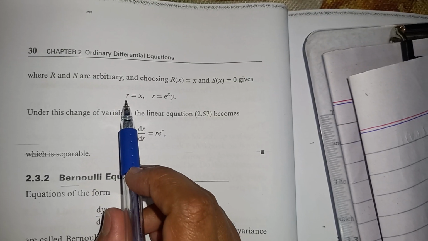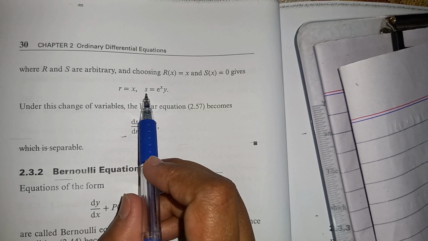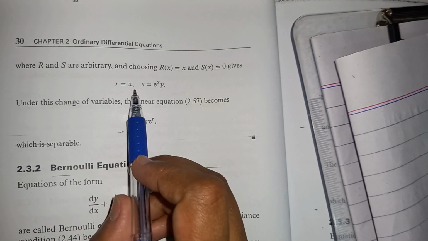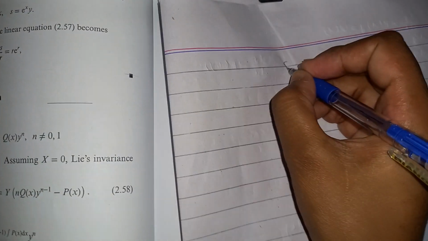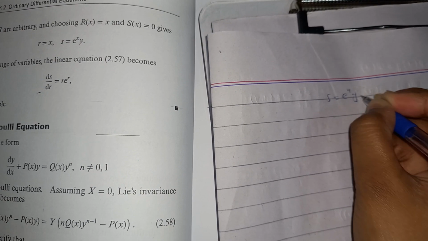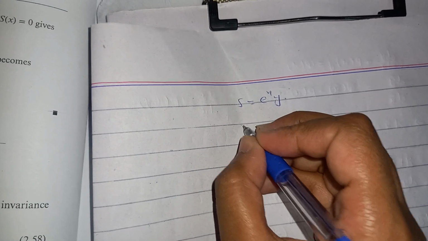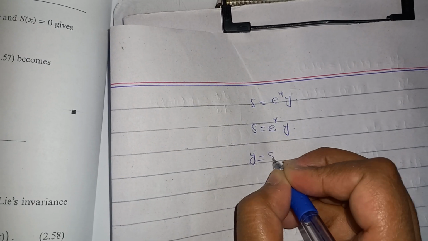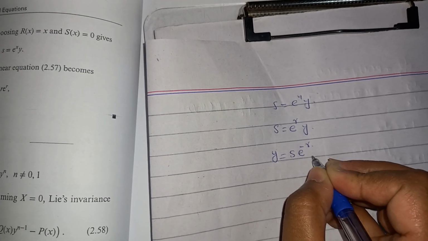Now if we take the differential, dr is definitely equal to dx, and s is equal to e raised to power x into y. Now first of all we can also write this way, s is equal to e raised to power x y, and the value of x is equal to r, so you can also write s is equal to e raised to power r y, and the value of y will be equal to e raised to power minus s into e raised to power minus r.